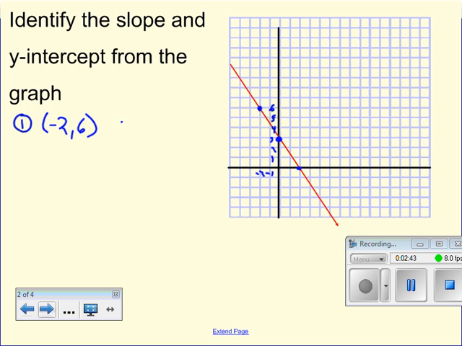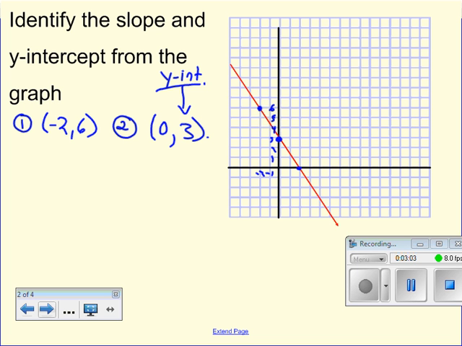Now the second point is right here on the y-axis, so it's 0 and 1, 2, 3. So my second point is (0, 3). So already this is the y-intercept, so it's good to pick up right away.